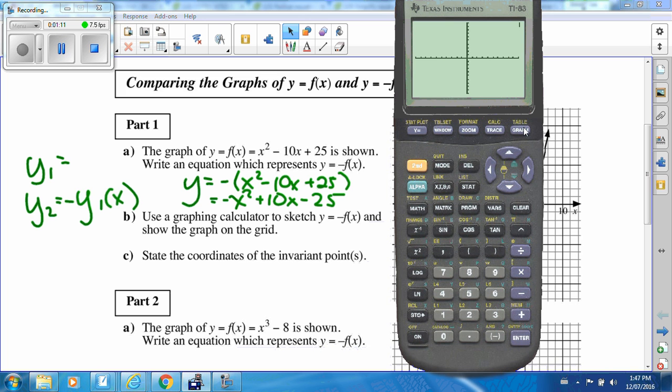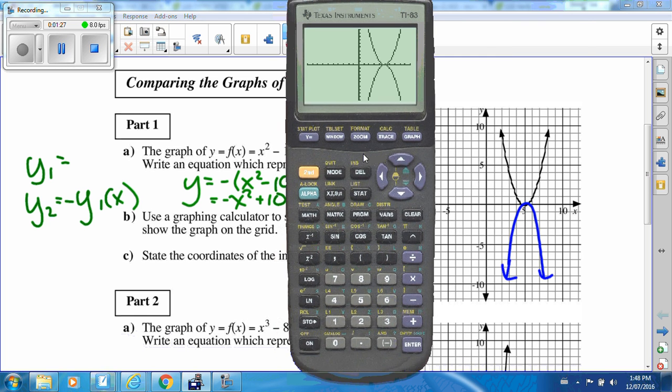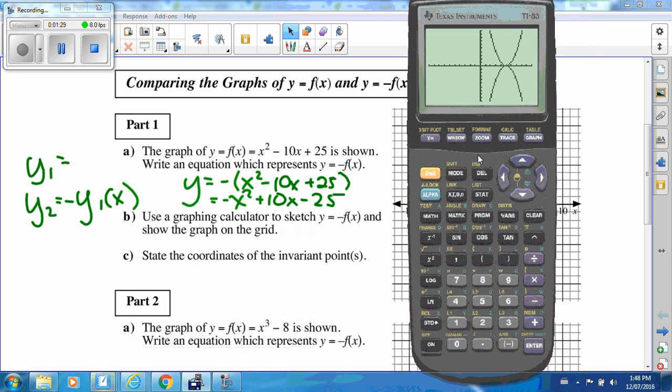So there's my original, and then there is my image file. So it's a reflection vertically. Same vertex, same invariant point. So the coordinates of the invariant point are at 5, 0, not 0, 5.